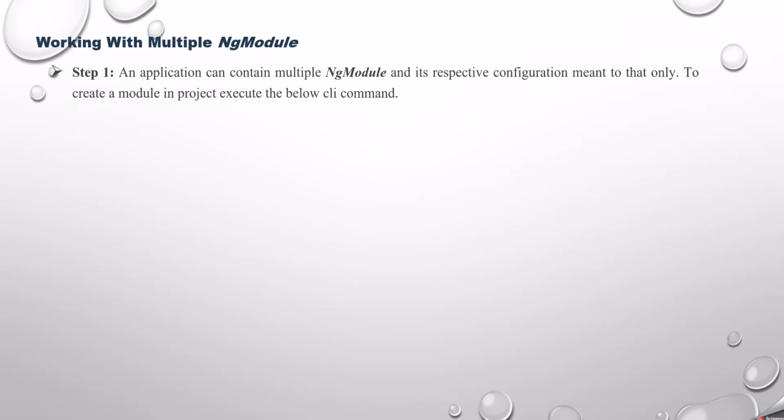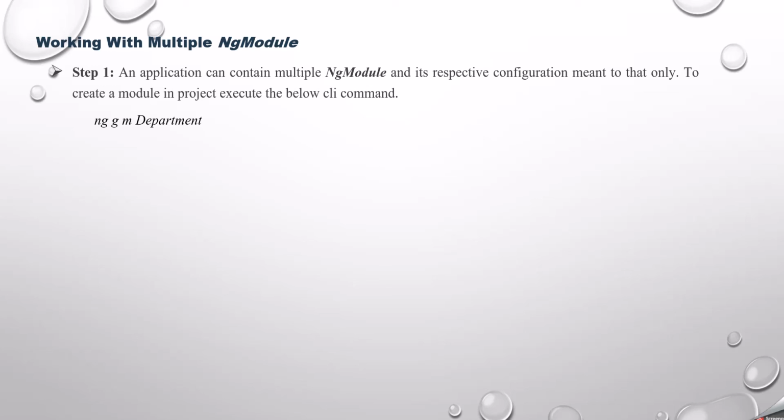Now we will move to working with multiple NgModules. Here we are going to discuss all the points. These are basically three steps. The first step speaks about how we can create a module using the CLI command. Before that, what are multiple NgModules? As I told you, let's suppose we are talking about a real-time application.